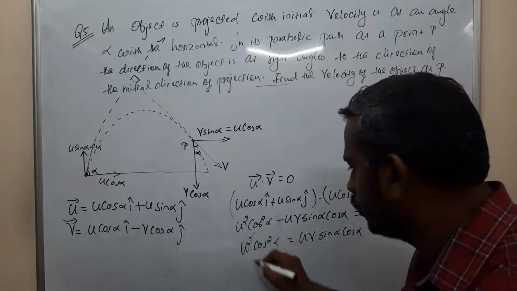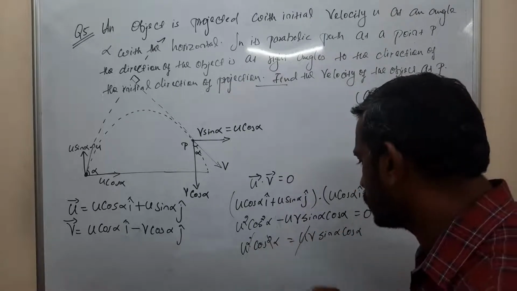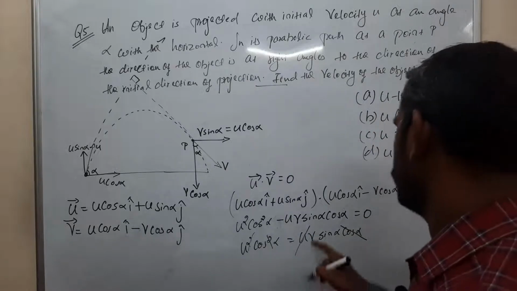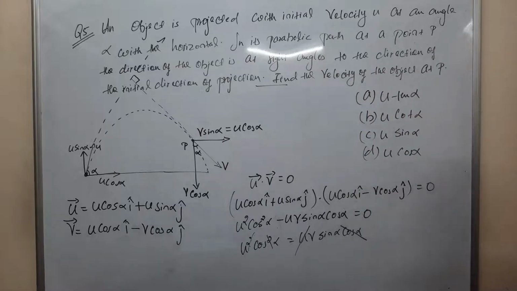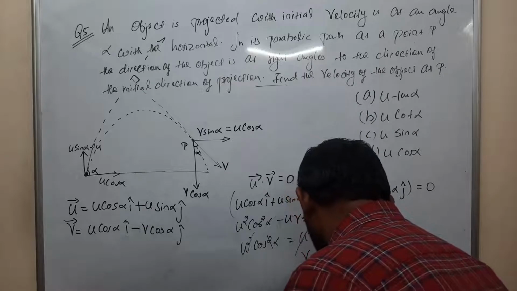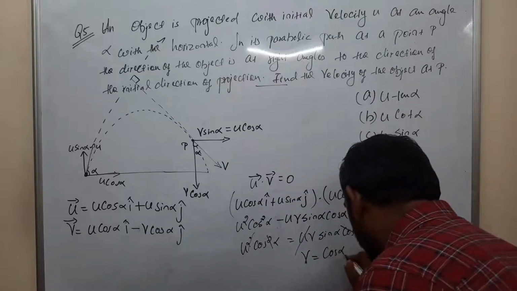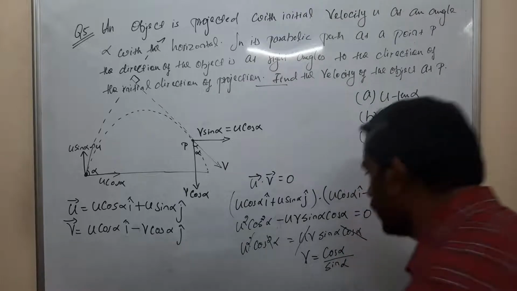So one u, this u cancels. So one cos alpha and this cos alpha cancel. Okay, so we have to find v, that is, find the velocity of the object at p. So we have to find v. So v is equal to cos alpha divided by this sin alpha.